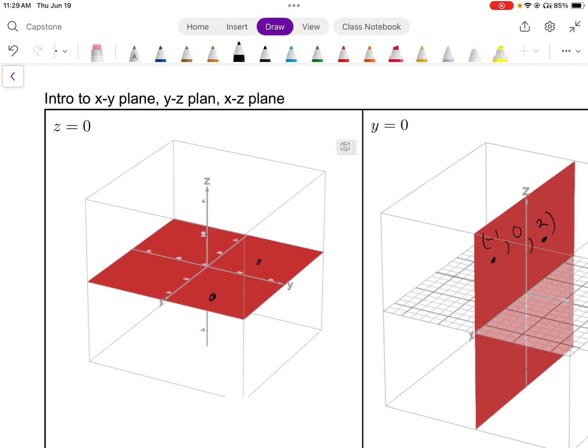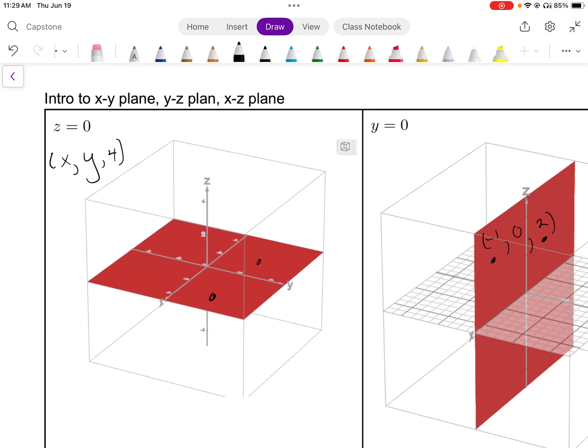Now, we can move these planes around a little bit. You could think about taking this xy plane here and maybe shifting it upwards. Let's think about what the plane would look like if we have x and y values that can be anything, but the z value is always 4. What would that look like?